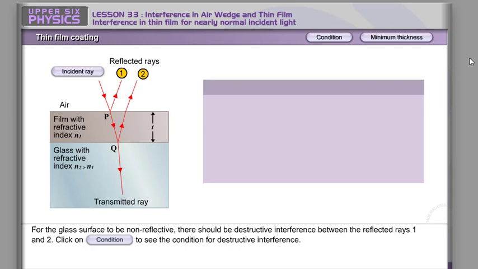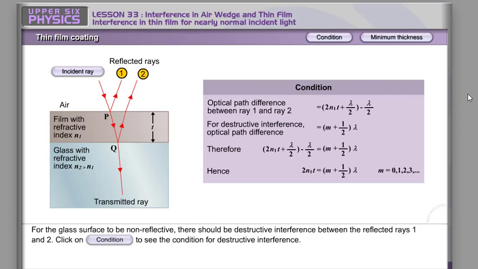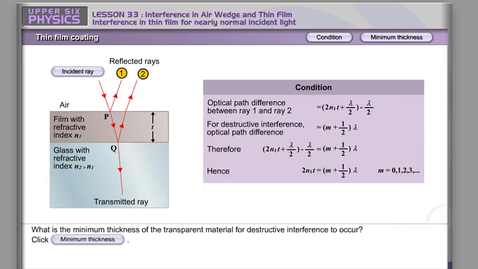Click on the Condition button to see the condition for destructive interference. What is the minimum thickness of the transparent material for destructive interference to occur? Click the Minimum Thickness button.